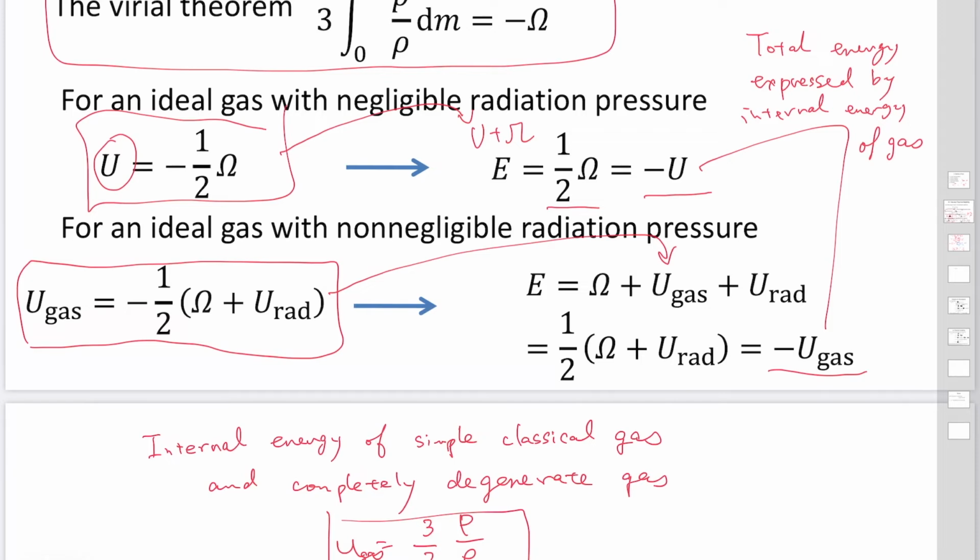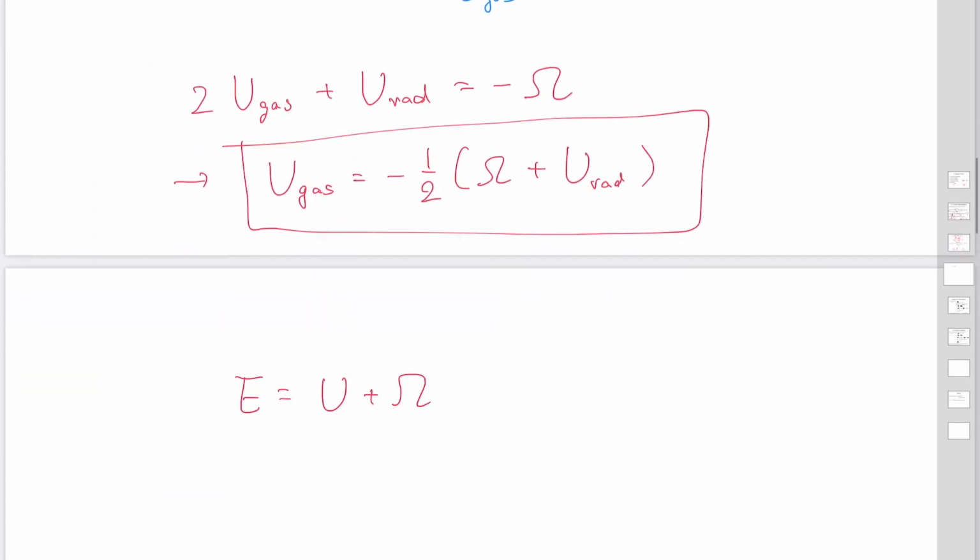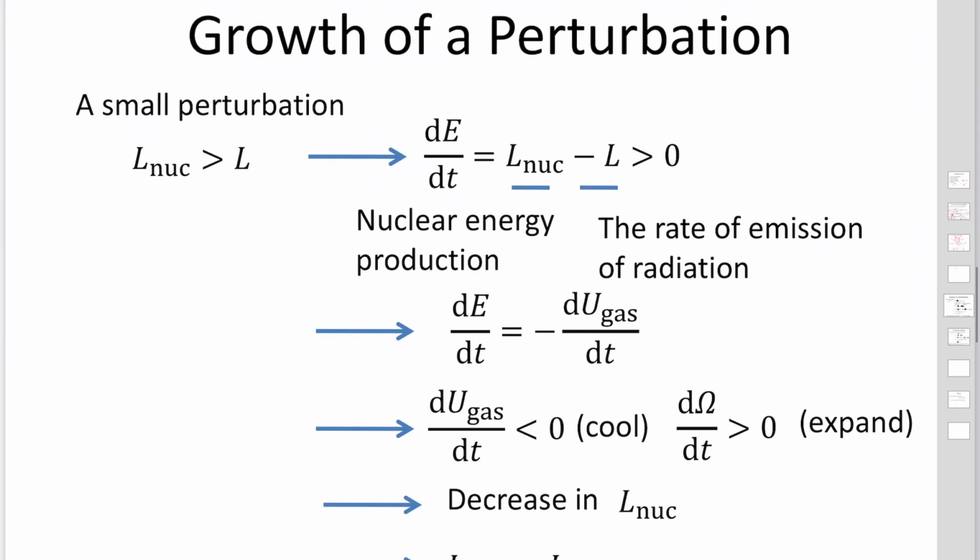Then we would like to consider the stability of a system, the growth of perturbations. Suppose the nuclear reaction rate is larger than the luminosity L, the energy escaping from the star. The generation of energy is larger than the escaping energy.